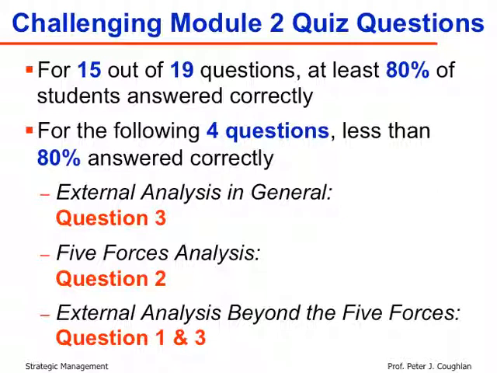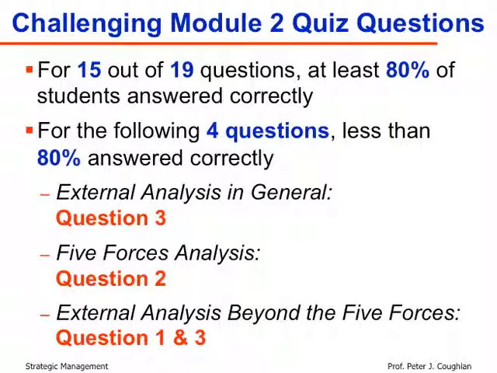There were 3 sections in the quiz: a section on external analysis in general, a section on 5-force analysis, and a section called external analysis beyond the 5 forces. As you can see, question number 3 from the external analysis in general section, question number 2 from the 5-force analysis section, and questions 1 and 3 from the external analysis beyond the 5 forces section proved to be problematic. And so we're going to go over those now.